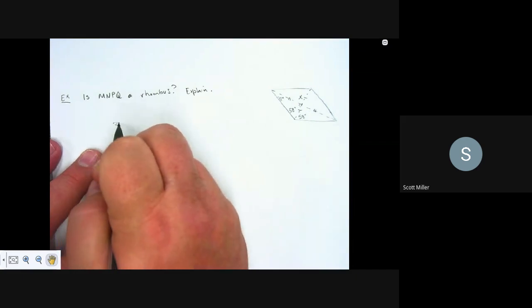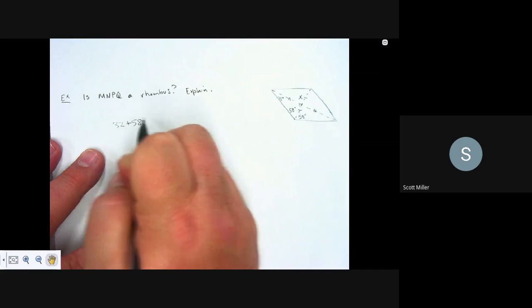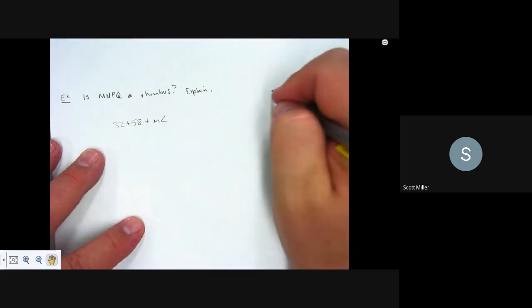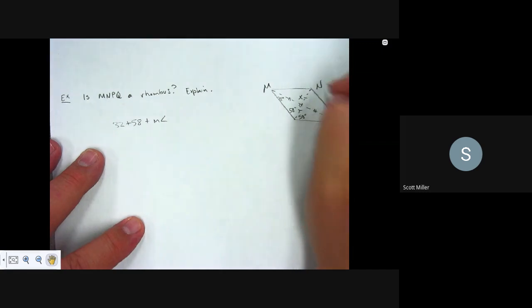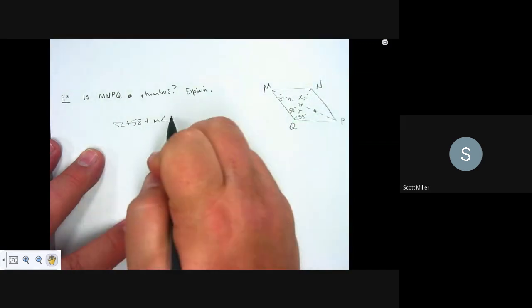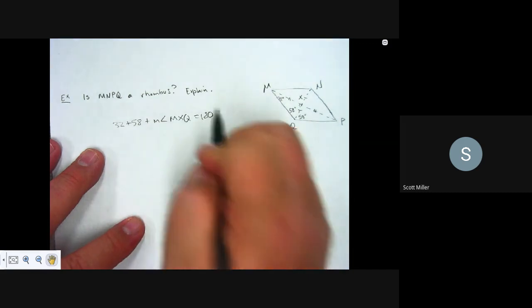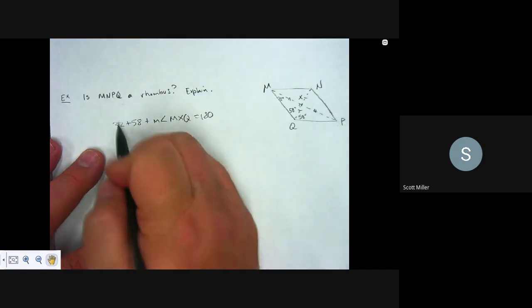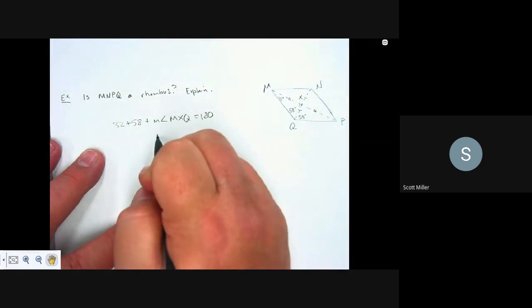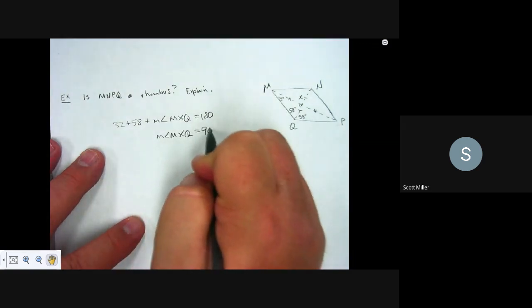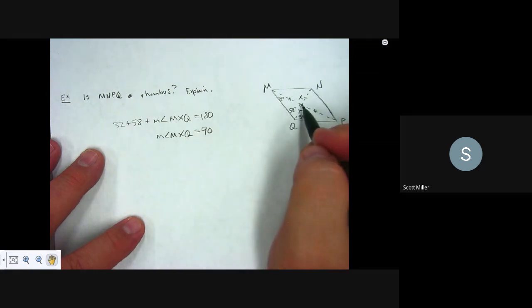So 32 plus 58 plus the measure of angle, and I put lettering on here, M, N, P, Q, of MXQ equals 180. So then adding these and moving it over shows me that the measure of angle MXQ equals 90.